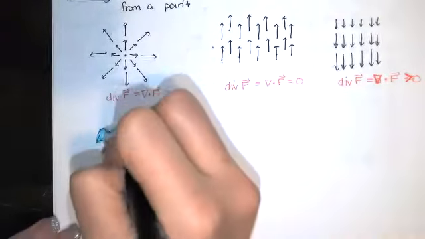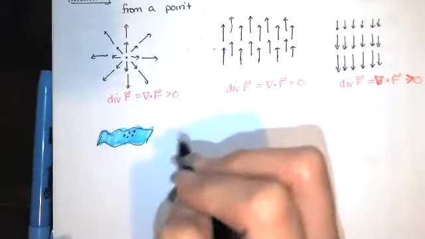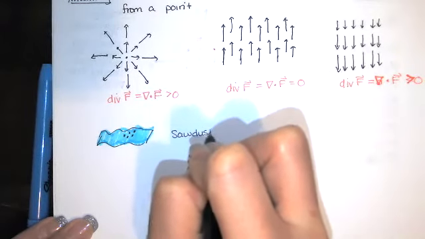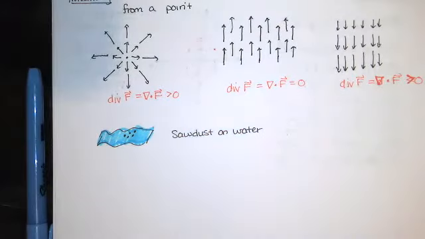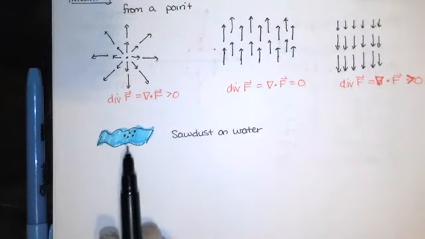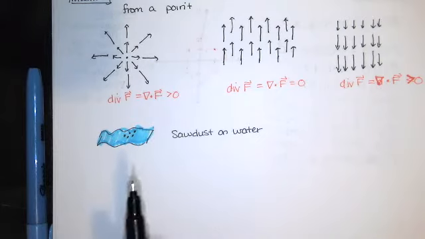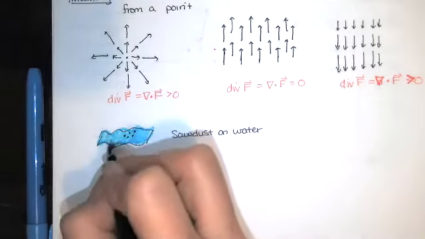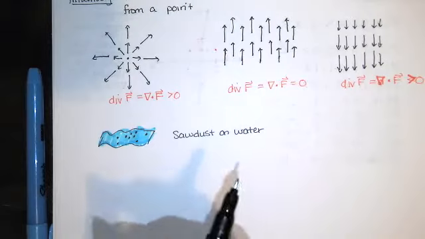You just sprinkle a little dust on it. Using the velocity field of that water as our field F, if the sawdust starts to spread out, so initially it's here, but then in a few minutes it goes farther away, getting farther and farther away from where it started.